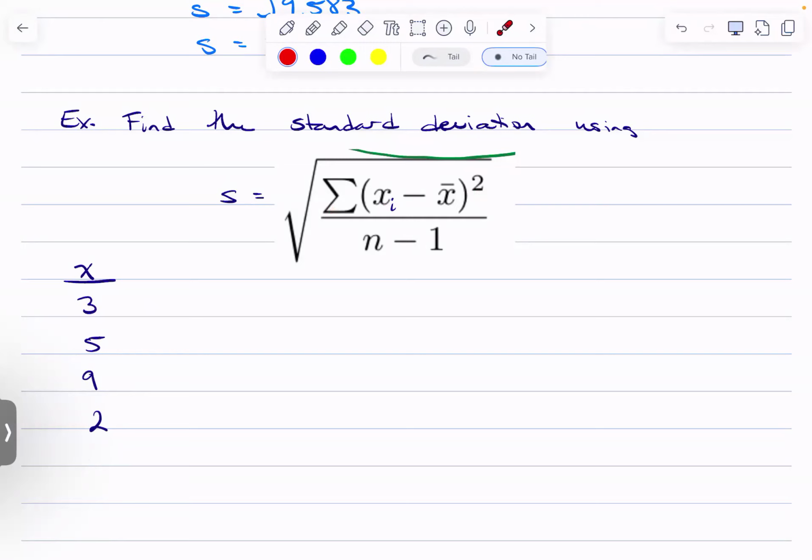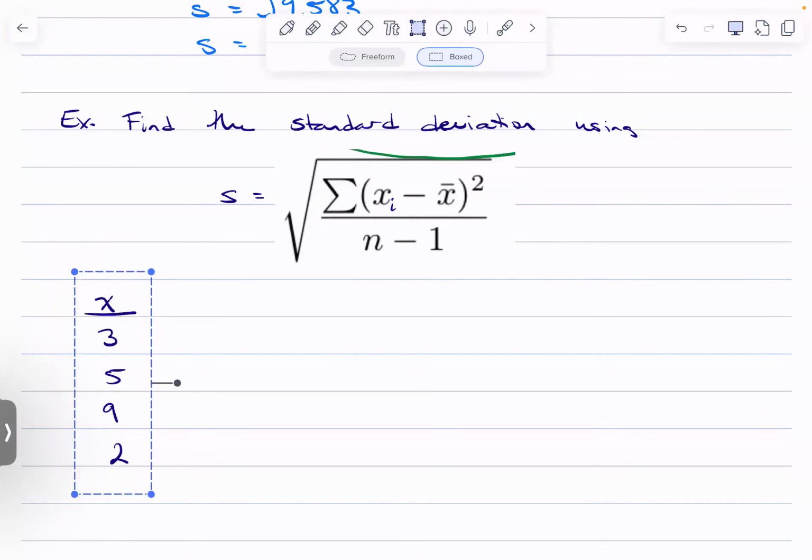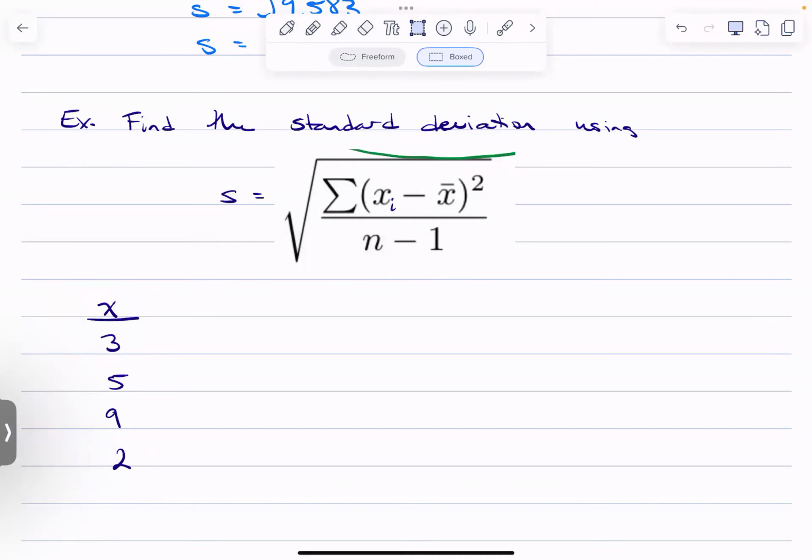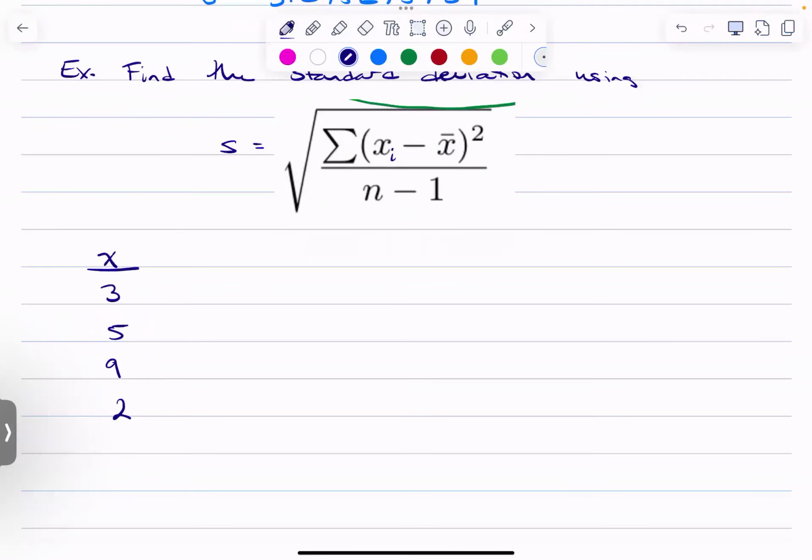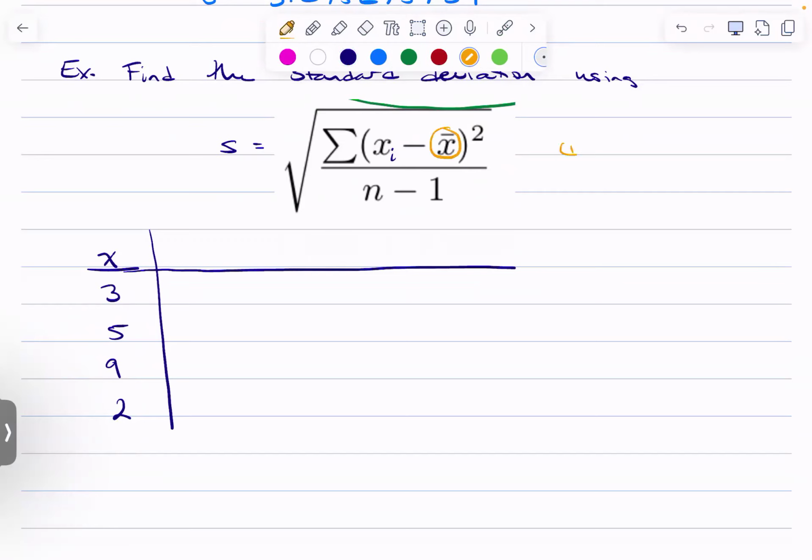Now, I would say the best way to set this up is if I move this down just a smidge and I make more columns next to my data set. So step one is still find the mean.